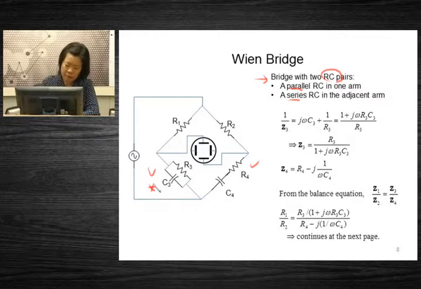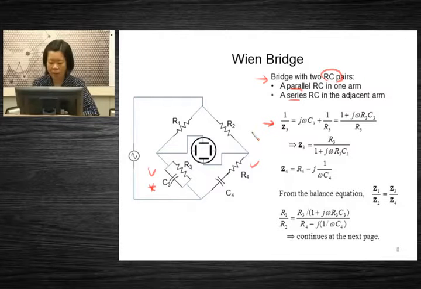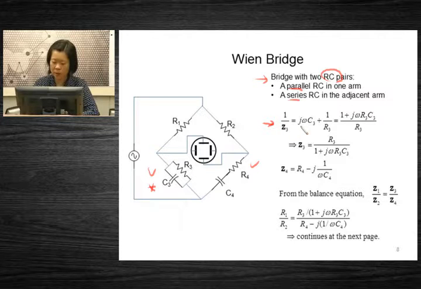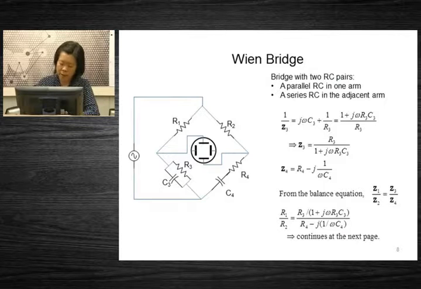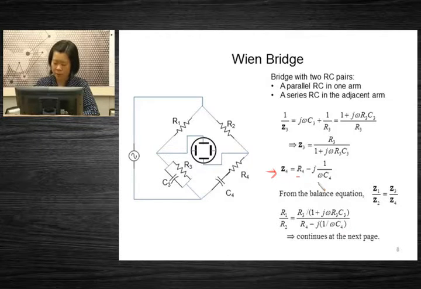For this arm, since it is connected in parallel, we have to use the inverse of the values. 1 over G3 is the inverse of the reactance of the capacitor plus the inverse of the R3 value. Then when we invert G3, we get this kind of value. The right-hand side is a series circuit, so the value can be easily obtained by adding the resistance value to the reactance of the capacitor.